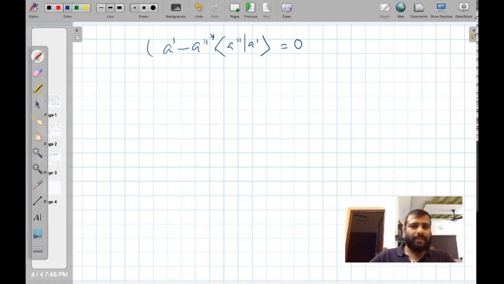A' and A'' are scalar quantities, and this is again a scalar. So in order for this product to be 0, either of these has to be 0.